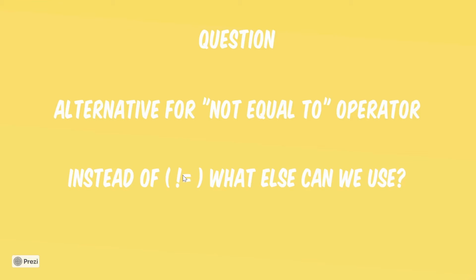The question for you all is, is there any other symbol that we can use for the not equal to operator? Do answer in the comment below, and I'll be more than happy to see a few of the very good answers related to this.